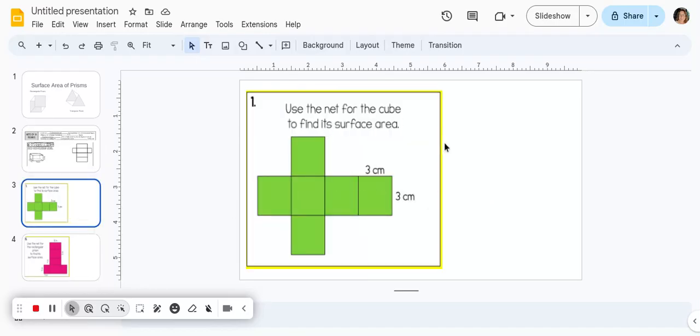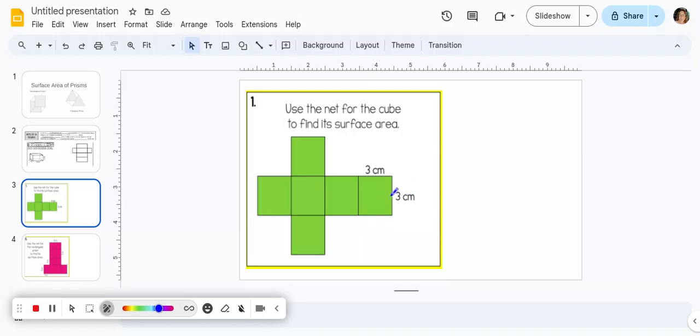It says use the net for the cube to find its surface area. So before we can start finding the area of this, we have all these sides that don't have numbers, right? So we have to figure out what these are. Well, the one thing I know is opposite sides of rectangles are equal.